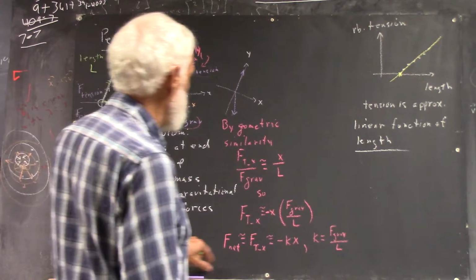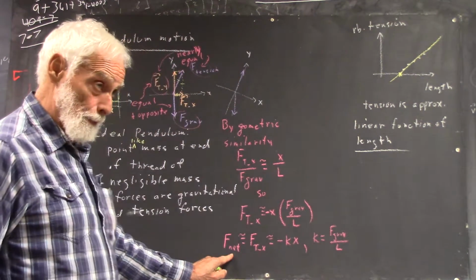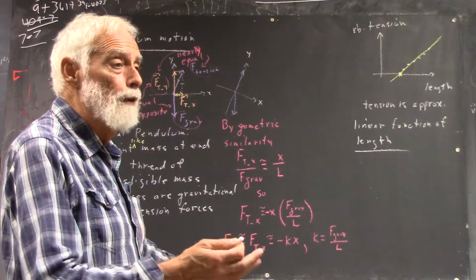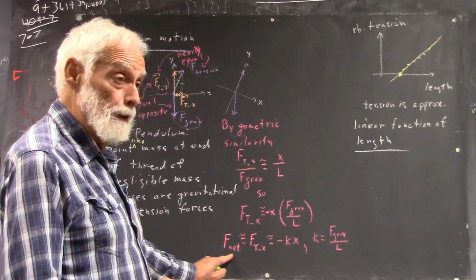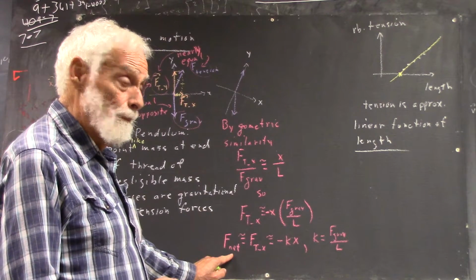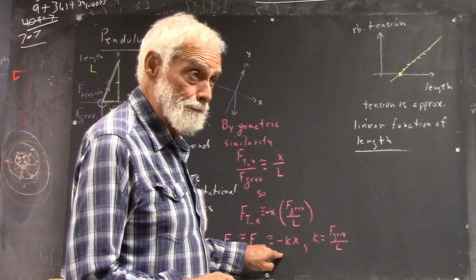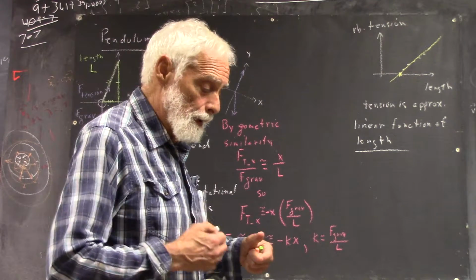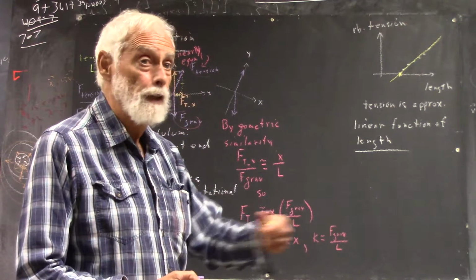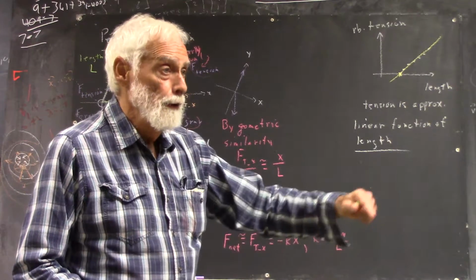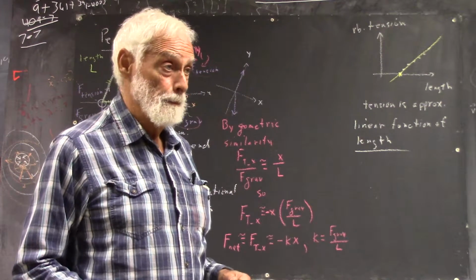Oh yeah, F net. This is net force, which is the sum of all the forces acting on the pendulum. Now, this is for an ideal pendulum. For a real pendulum, you still have this, but as you move faster and faster, you get more and more resistance from the air. So you have this uneven air resistance acting through the swing of the pendulum.